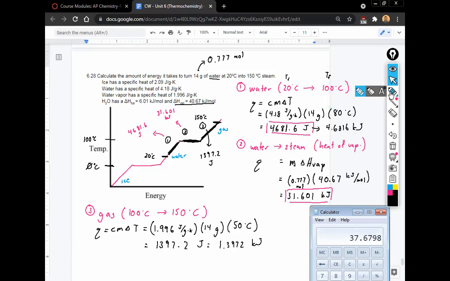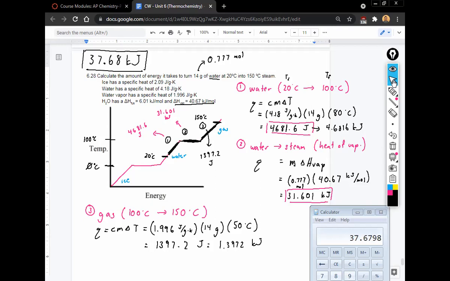And for a final answer, we will get 37.68 kilojoules. So it's going to take 37.68 kilojoules to take 14 grams of water at 20 degrees Celsius and turn it into 150 degrees Celsius steam.